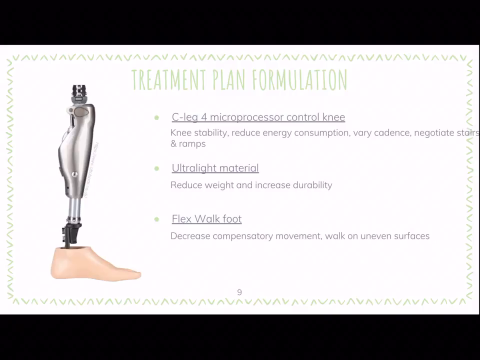This is to help her when she gardens so that she feels secure while walking on uneven grass or gravel. And I think actually the foot that they gave her was an Ottobock, I think it was a 1C3 foot, which adds additional stability for when she goes camping with her family.